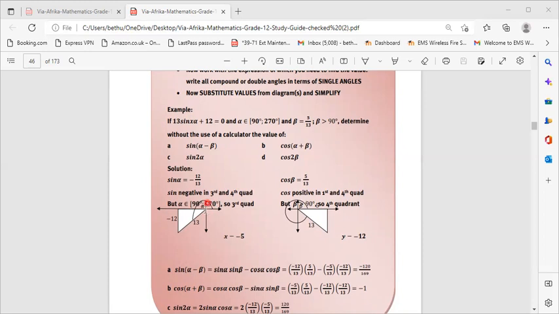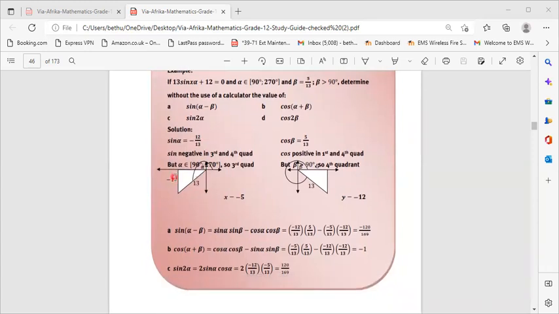So they're basically telling us that it is in the third quadrant, right? In the third quadrant, our x values are negative, and our y values are also negative, right?